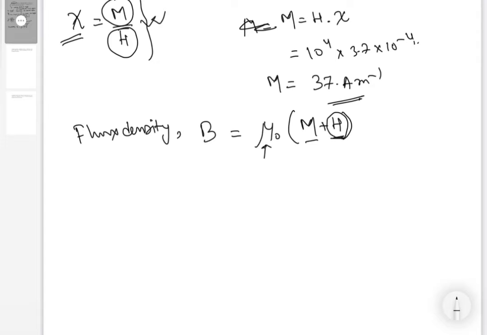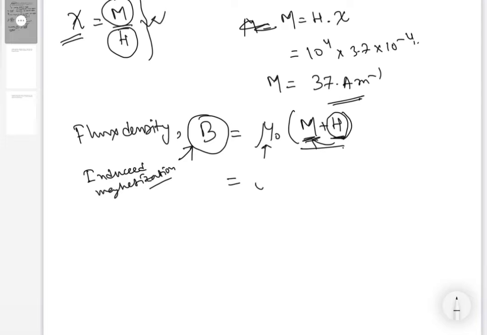The magnetization is a material property, and ultimately the total flux density, also called induced magnetization, is the summation of these two parameters multiplied by mu naught, which is 4 pi into 10 to the minus 7, times 37 plus 10 to the 4.